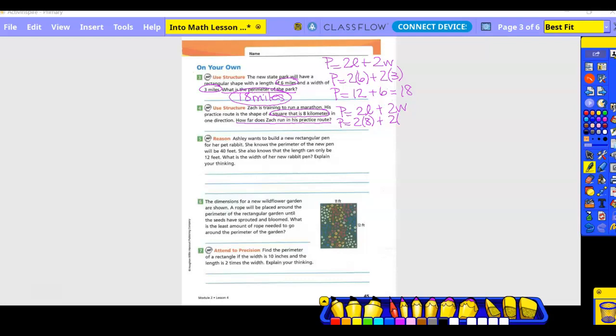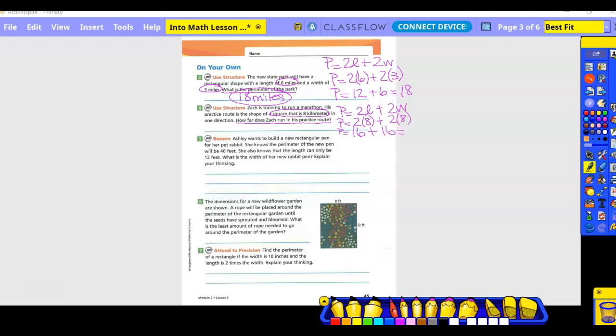So all the sides are equal, so it'd be 8 again, right? So P equals, what's 2 times 8? 16 plus 16 equals, what's 16 plus 16?